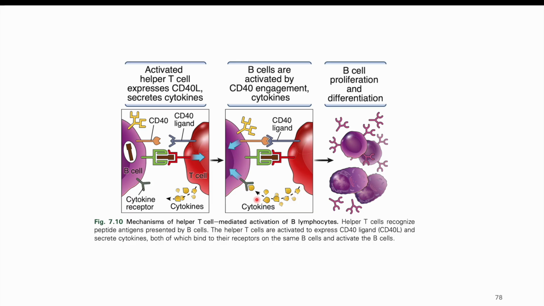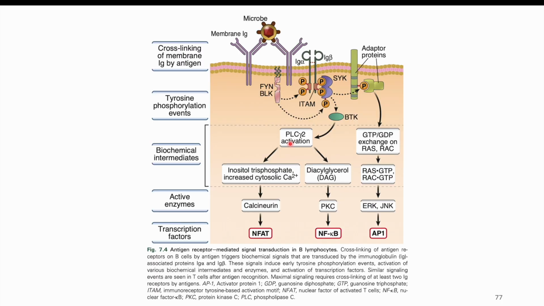The release of cytokine is a change or adaptation in the T cell. So once the CD40 receptor binds to the CD40 ligand, some biochemical processes might be taking place in the T cell which will lead to the secretion of cytokine.